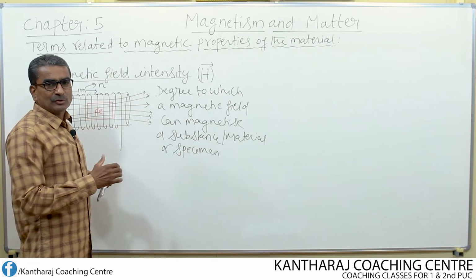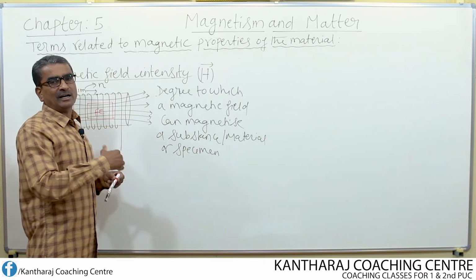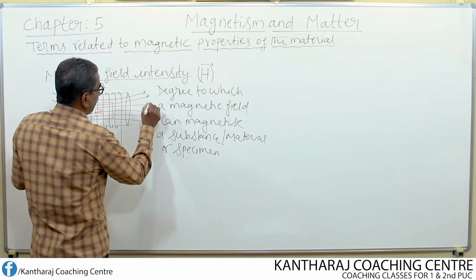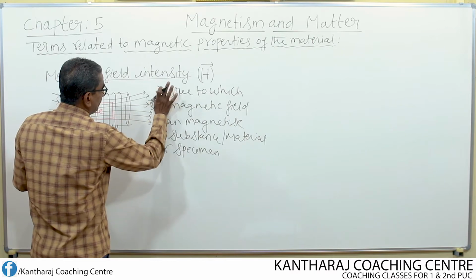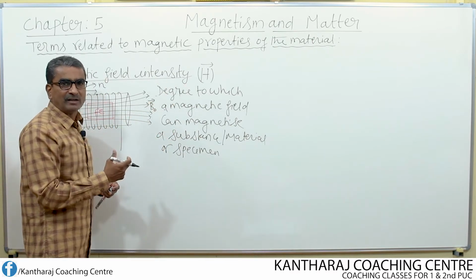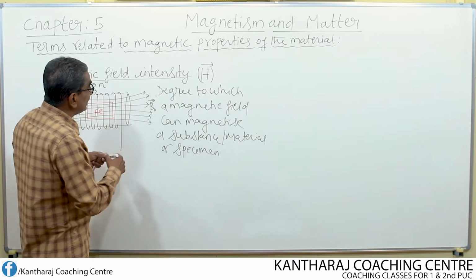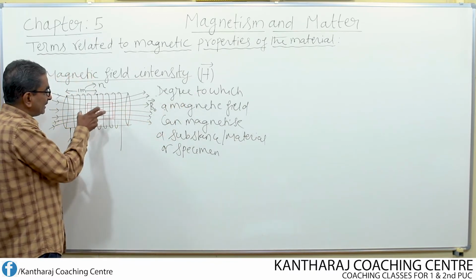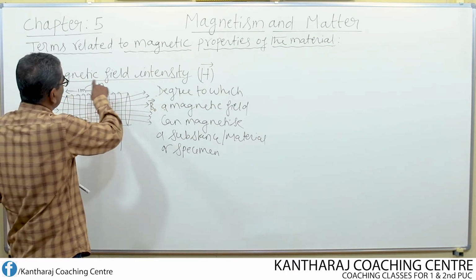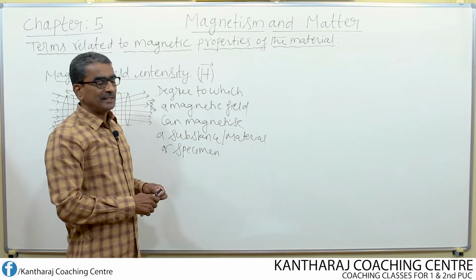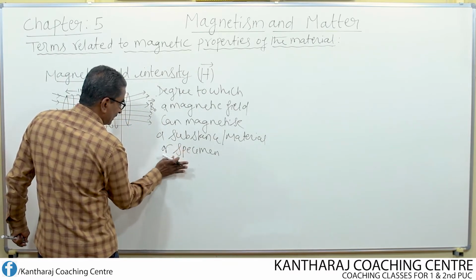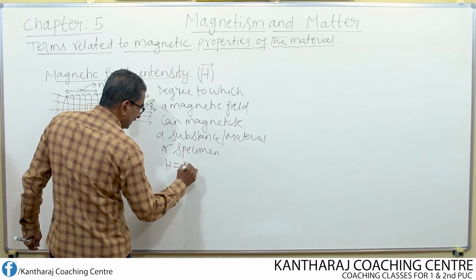Degree refers to level or quantity or amount, whether this magnetizing field represented by B naught is able to magnetize this material strongly or weakly. That degree of magnetization produced in this material by this magnetic field is nothing but magnetic field intensity, and it is given mathematically by H equal to n into I.